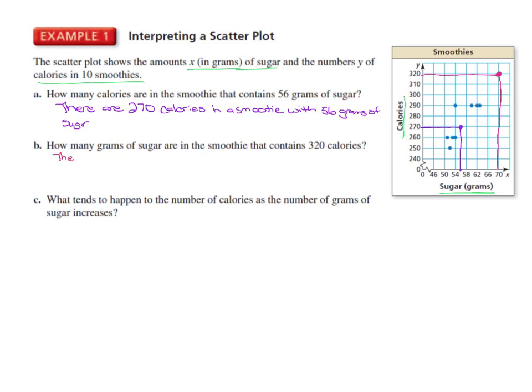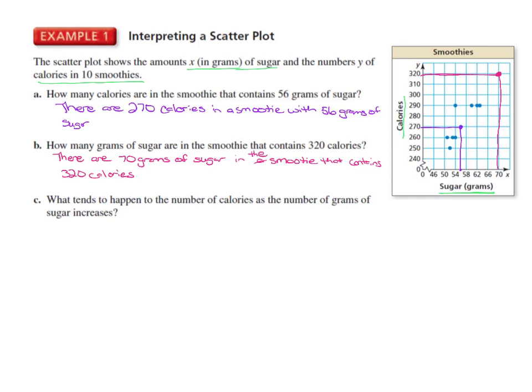So there are 70 grams of sugar in a smoothie that contains 320 calories. And actually, it would probably be better to say in the smoothie that contains 320 calories, because we're talking about a specific point on here.